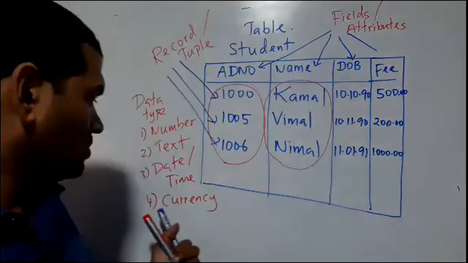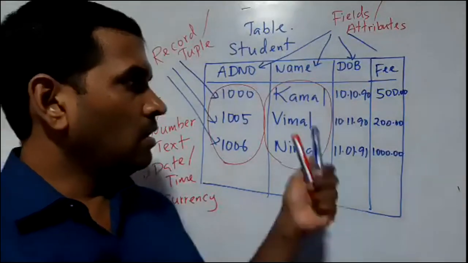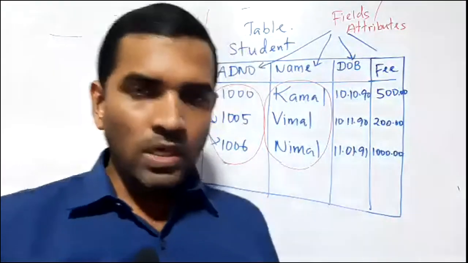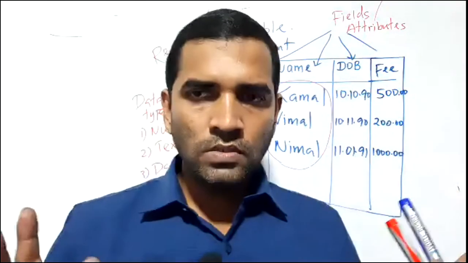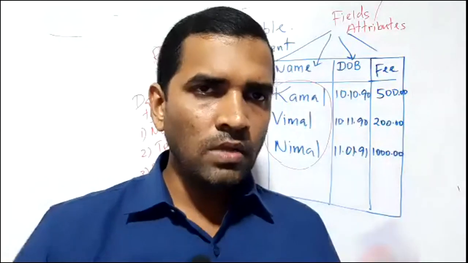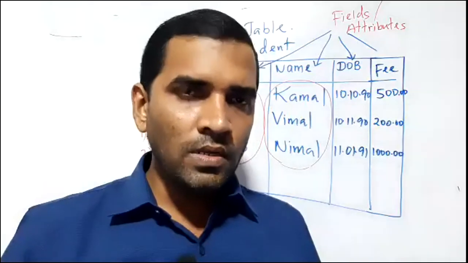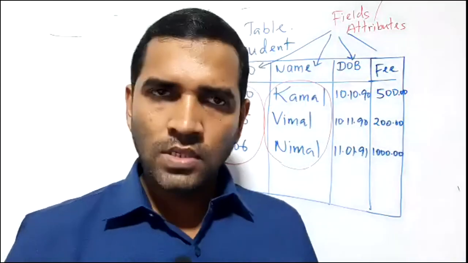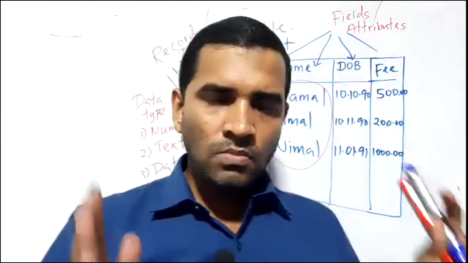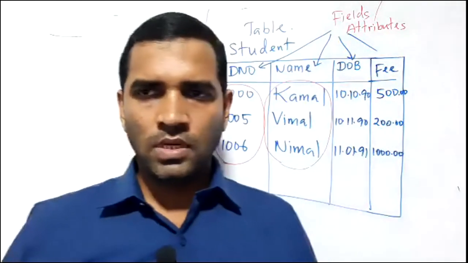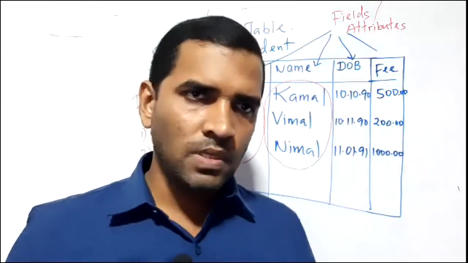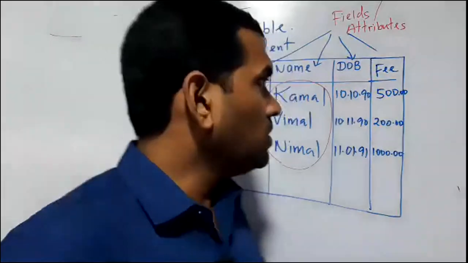Okay, so currency. We have one more data type. We have 5 commonly used data types. I'm not trying to say that all the data are divided into 5. There may be more than 5 types, but these are the most common data types. You can find such data types everywhere. So that would be the last one.